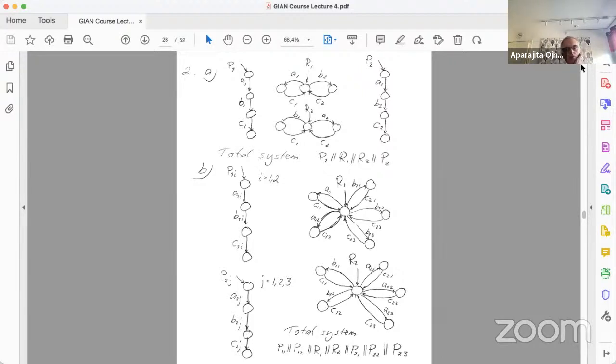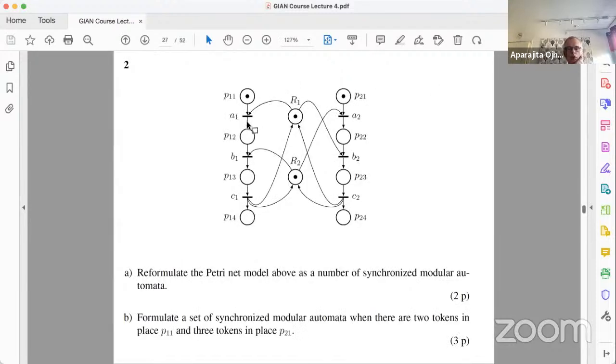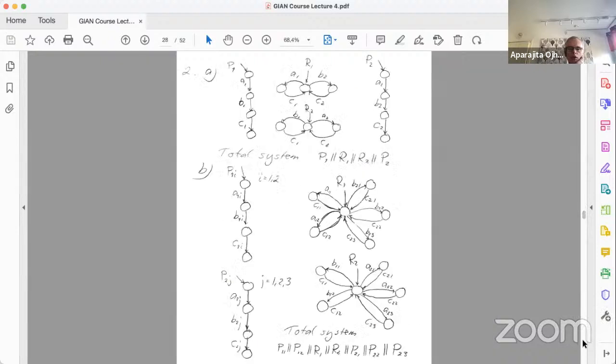Well, I would say it's not exactly the same model as here, what I propose now, but it's definitely a model that works in the same way. I get some additional information by this model because here I introduce one automata sequence for each token. So that means that I have more information in this model than I had in the Petri net.